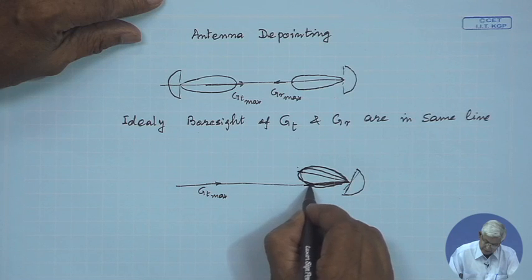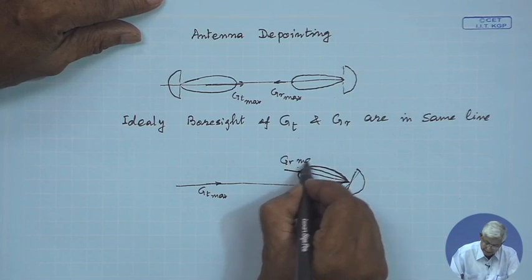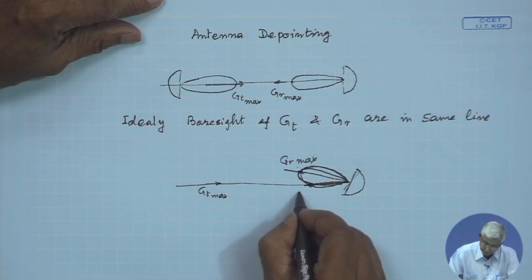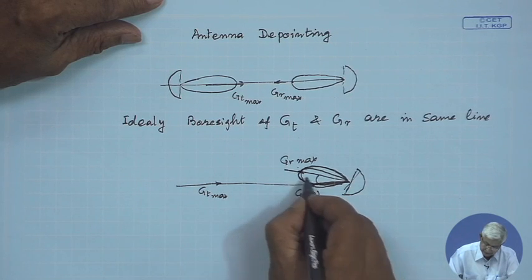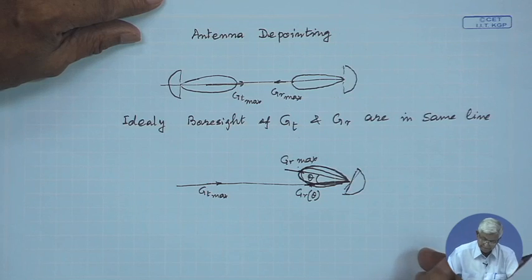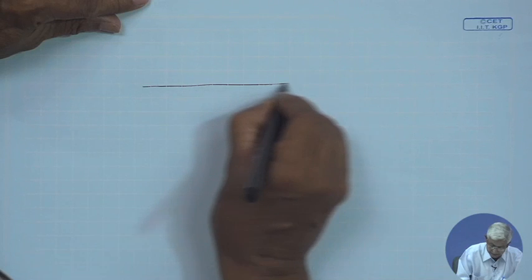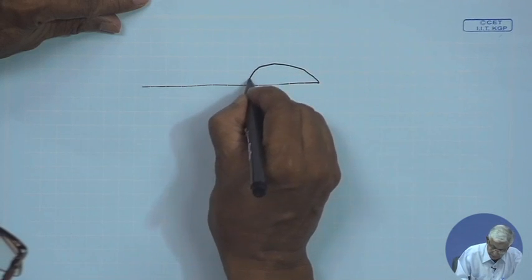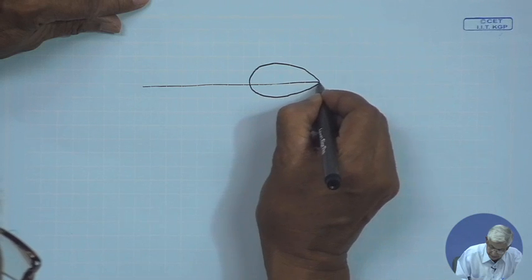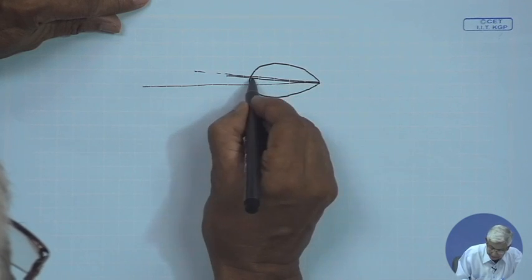That means this is GR max and this point is the GR theta and this angle is theta. Let us draw it fresh. This is the line and you have an antenna which is slightly depointed, not getting the maximum.